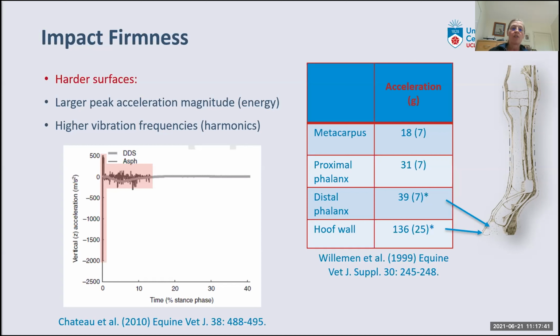So in other words, the hoof and the distal phalanx damped most of the impact vibration within the limb. And in that context, you can appreciate that for a hard surface where you've got high peak acceleration and vibration frequencies, potentially the hoof wall and distal phalanx are going to be most affected by those particular conditions.